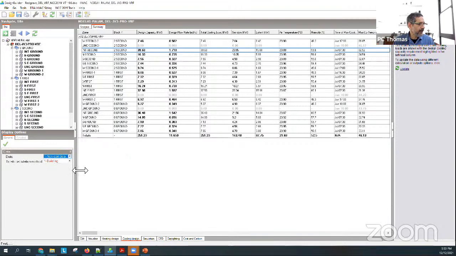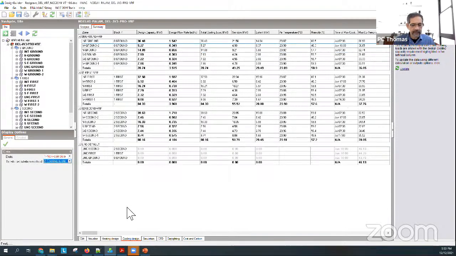So I'm going to go back to non-coincident and list it by system. What I did is I created, you can see here, a ground floor VRF, a first floor VRF, and a second floor VRF. And these are all the unconditioned zones. I put them into a separate system.